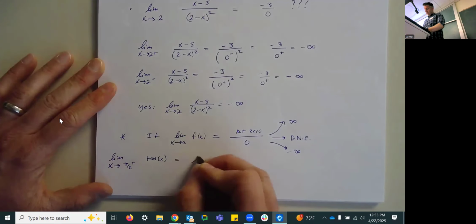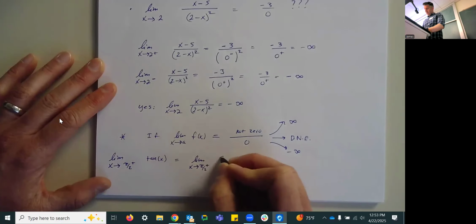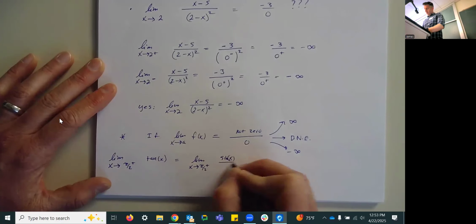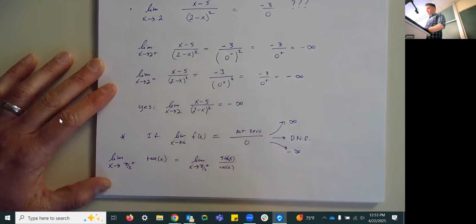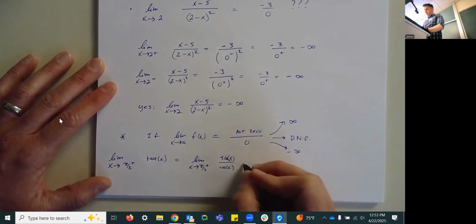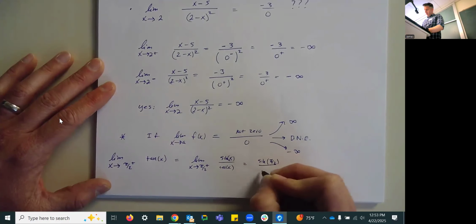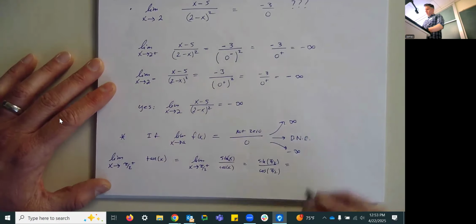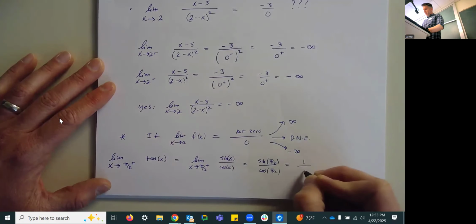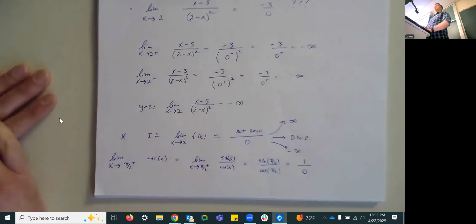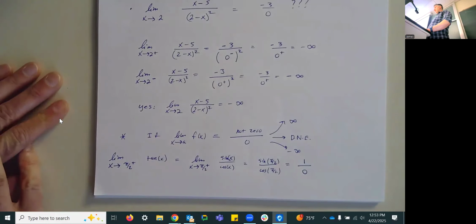So that's going to be the limit as x approaches pi over 2 from the right of sine of x over cosine of x. And if we plug it in, we get sine of pi over 2 divided by cosine of pi over 2. Sine of pi over 2 is 1. Cosine of pi over 2 is 0. So it's going to be some sort of infinity.